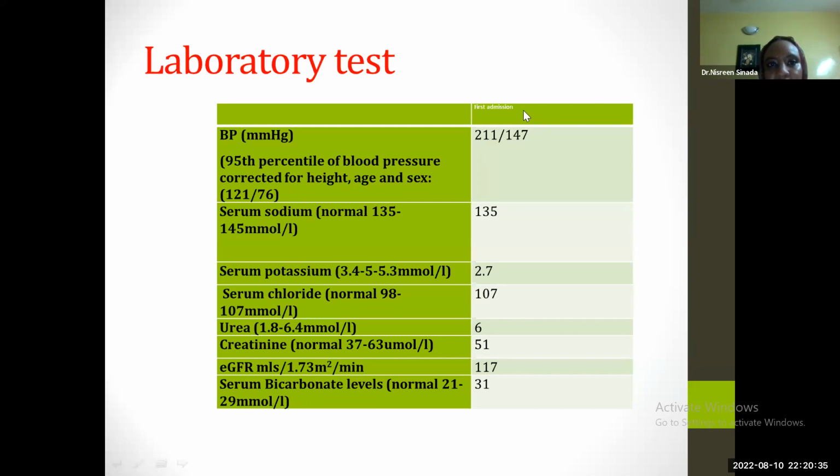Okay, so what is the workup that you need to do to differentiate? Yeah, we need to do the aldosterone level and renin level.